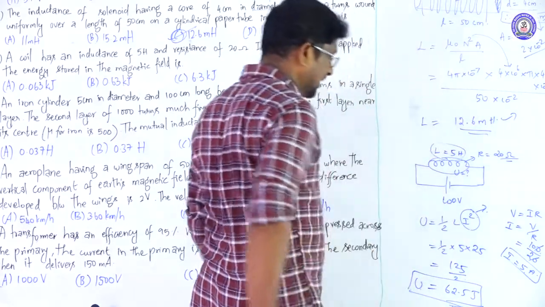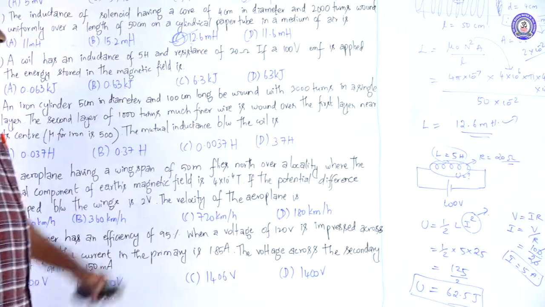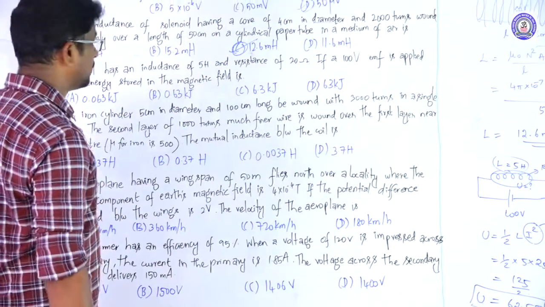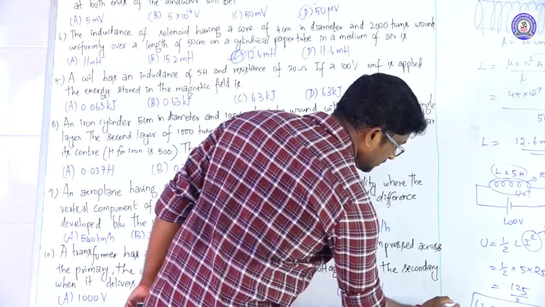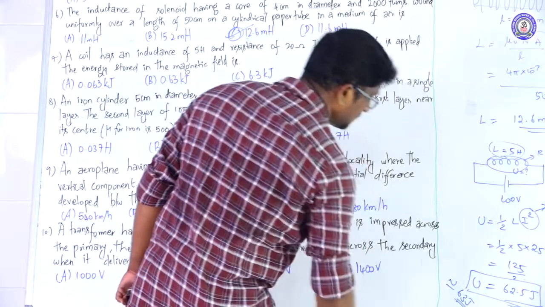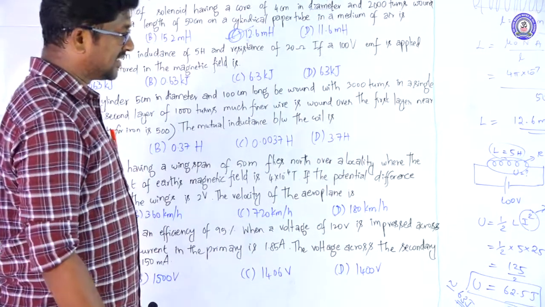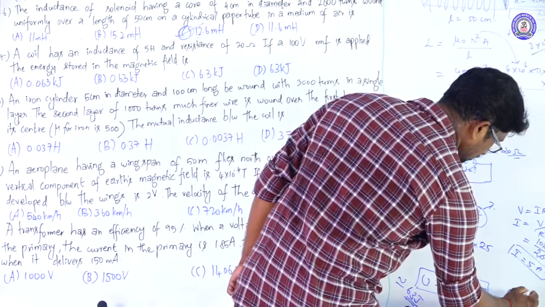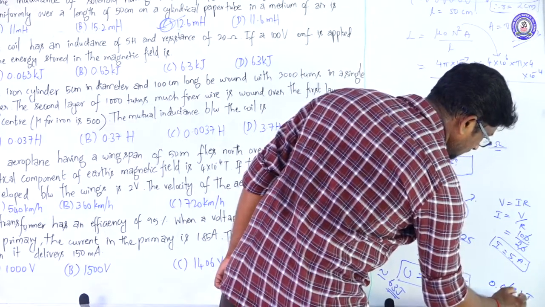The magnetic potential energy stored in the inductor or in the magnetic field region is 62.5 joule, or approximately equal to 63 joule. If the 63 joule is converted into kilojoule, it becomes 0.063 kilojoule.